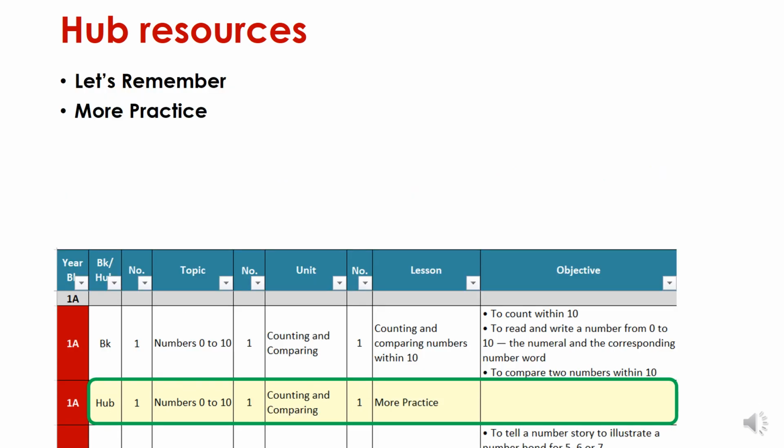Let's Remember, used to assess readiness for a new topic, is available in the hub but is not listed in the scope and sequence. More Practice, a supplement to Let's Practice, is listed.